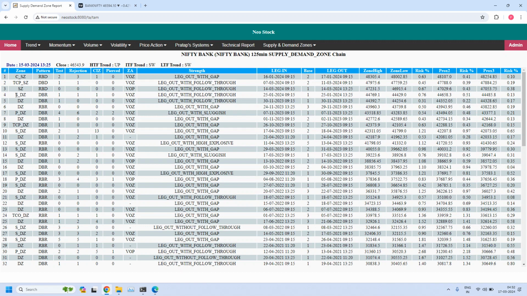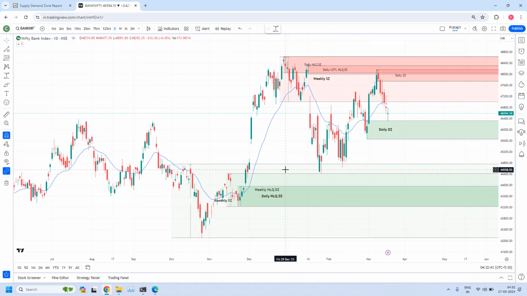Here we have an immediate high liquidity demand zone, already tested once, the fourth one. Where is this demand zone created? First, let us identify this demand zone. This is on 25th January, 9:15, one base candle.